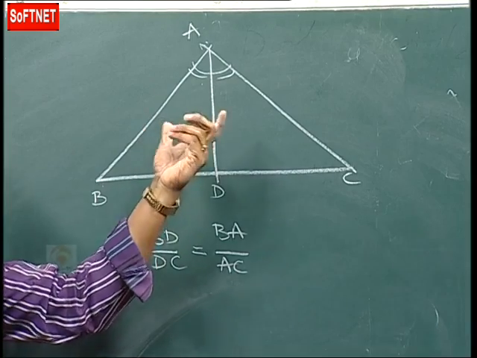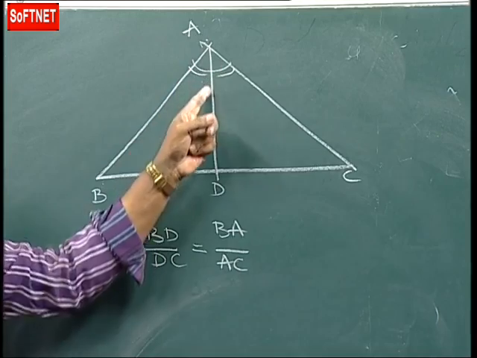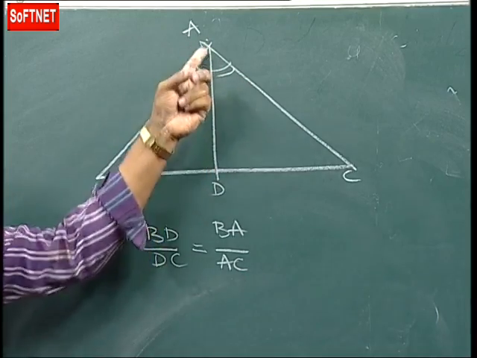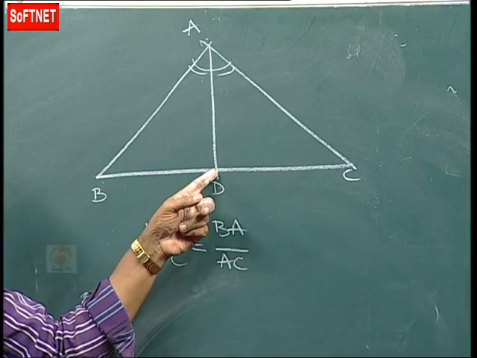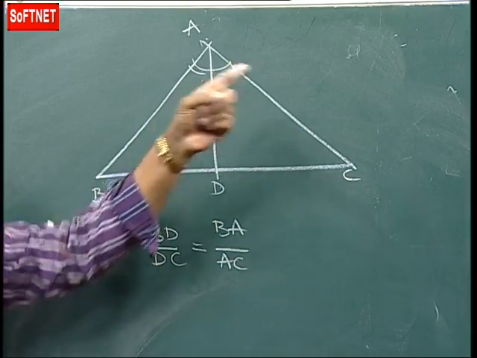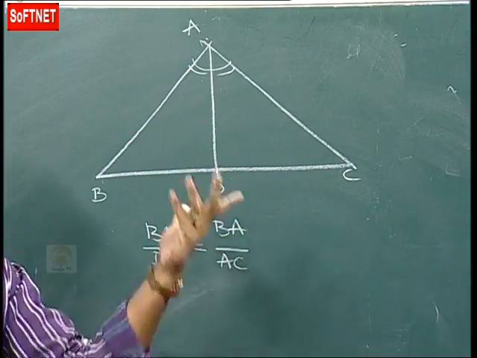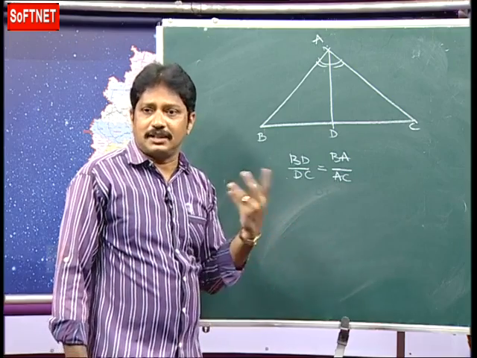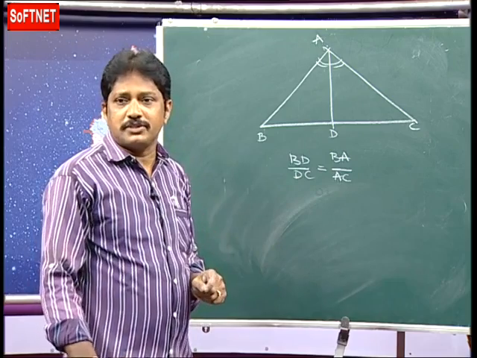So the vertical angle bisector theorem means the angle bisector of the vertex angle divides its opposite side in the ratio, means BD by DC is equal to the remaining 2 sides BA by AC. So we can extend this to the external angle bisector theorem also. This is the most important.